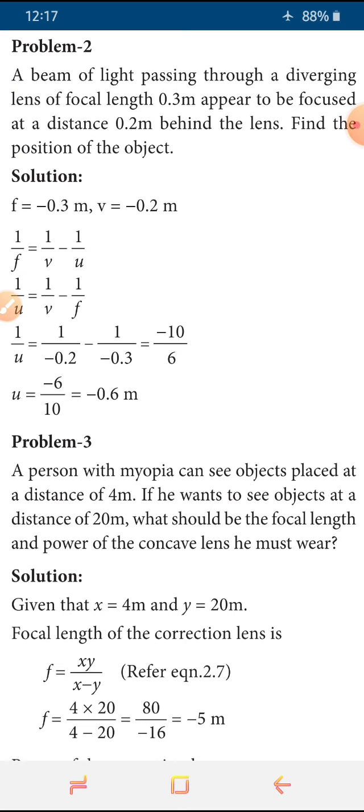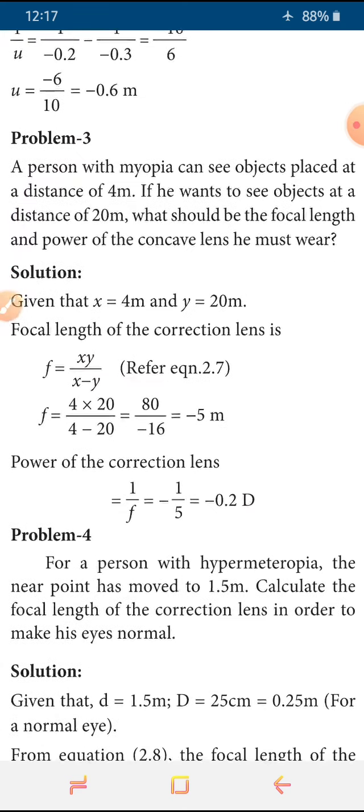This is a diverging lens, and diverging means concave, so we take that value as negative. The formula is 1 by F is equal to 1 by V minus 1 by U. We need to find 1 by U. Bring 1 by U to one side and the other terms to the other side. Then using cross multiplication we get the answer for U as minus 0.6 meter. Just work it out.